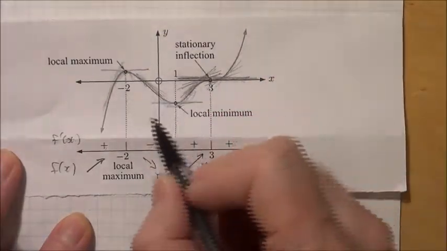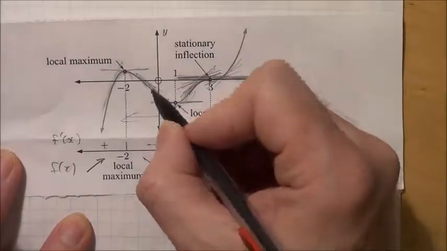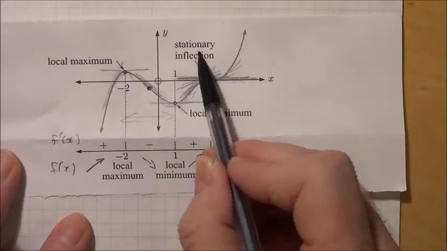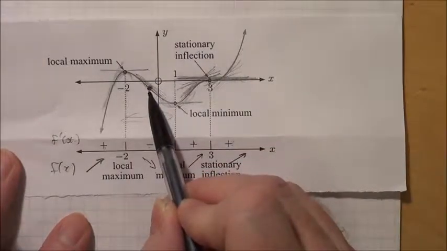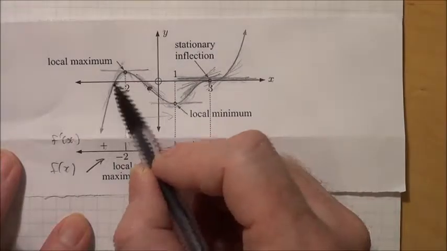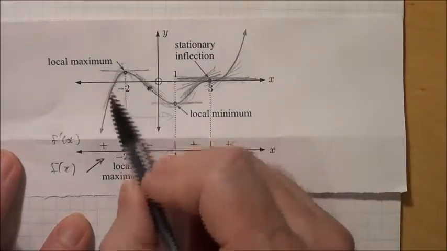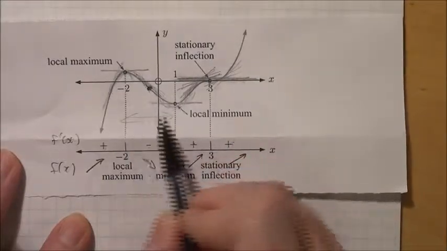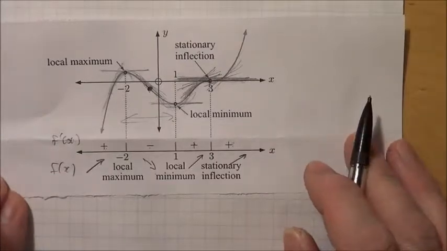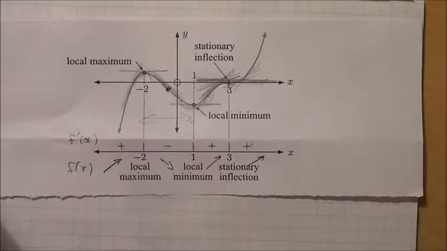Halfway between these two, horizontally, will be another point of inflection, not a stationary point of inflection because the tangent is not horizontal in this case, but there is another point of inflection where the concavity changes from concave down to concave up, and that happens halfway between a local maximum and a local minimum. But we'll touch on that more in lesson 16D.